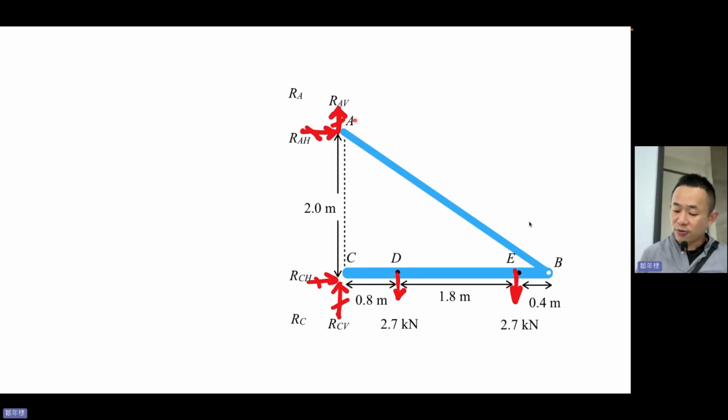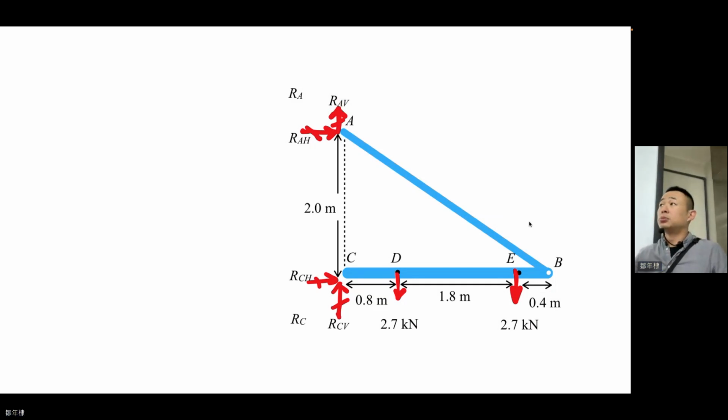But the reaction force value, we don't know. We need to calculate that based on your actual load, 2.7 kN, 2.7 kN. And also, we don't know the actual direction of this reaction force.